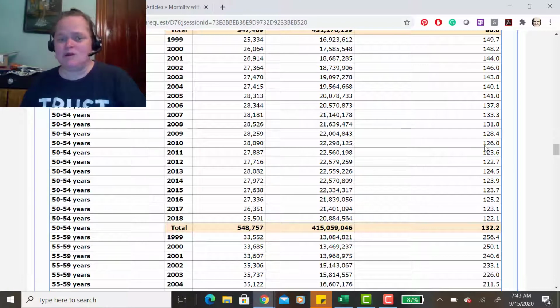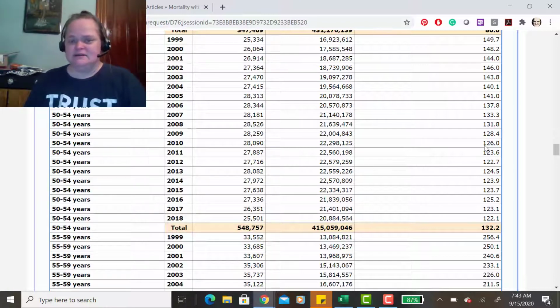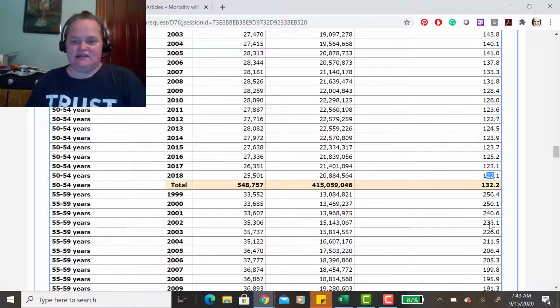So that's 0.15%. Okay, mortality rate 1 year of people age 50 to 54 down to 0.12%. It's hard to see the improvement. I could do a ratio on this, that, and the other, but it's hard to see the improvement.